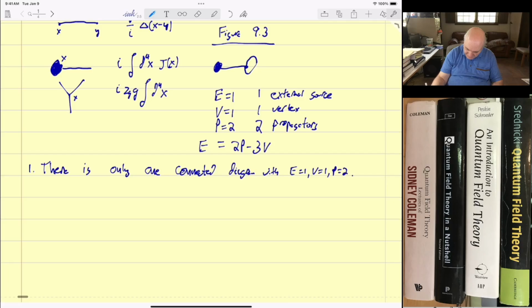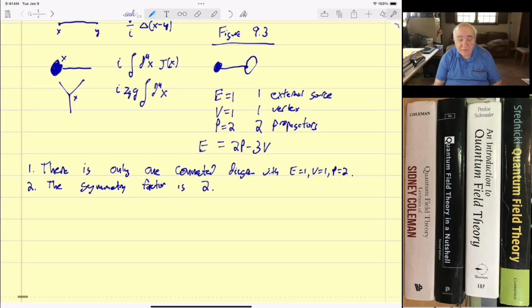And then the second claim is that the symmetry factor is 2.